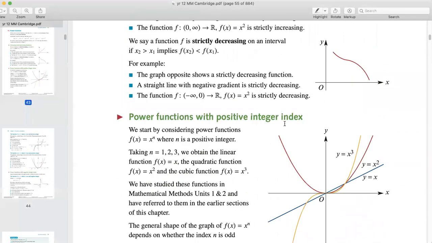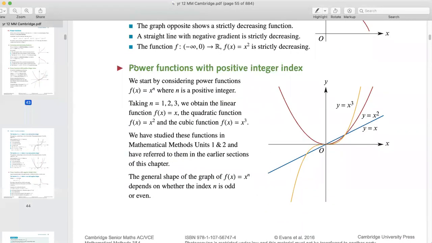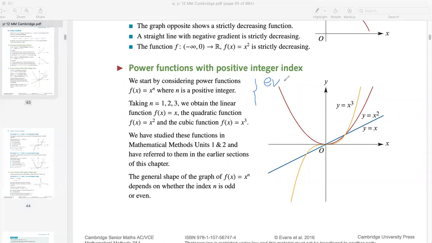For the next part, it's power functions with positive integer index. For this part, we just distinguish two things: one is called even, one is called odd. If it's even, like y equals x squared or x to the power 4, it always looks like this, basically non-negative.